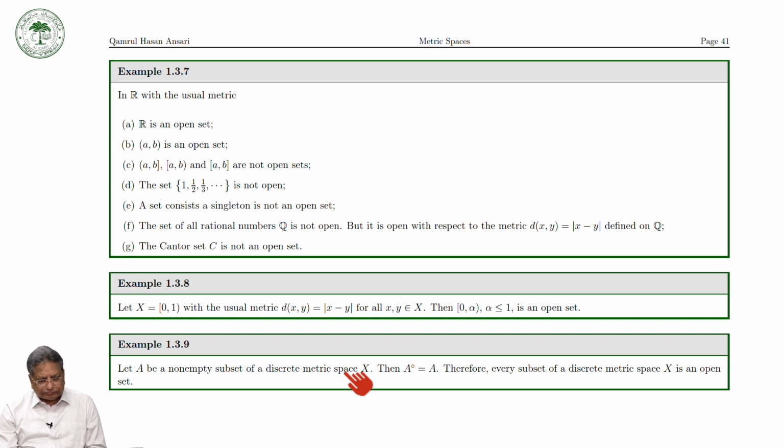Now we can see another example. The real line with the usual metric is an open set. The open interval (a, b) is an open set. The semi-open, semi-closed intervals are not open sets. Similarly, the set 1, 1/2, 1/3 and so on is not an open set.